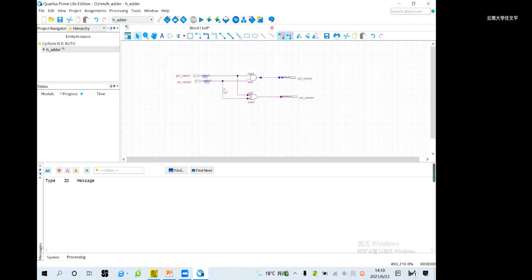I finished the connections between the elements.